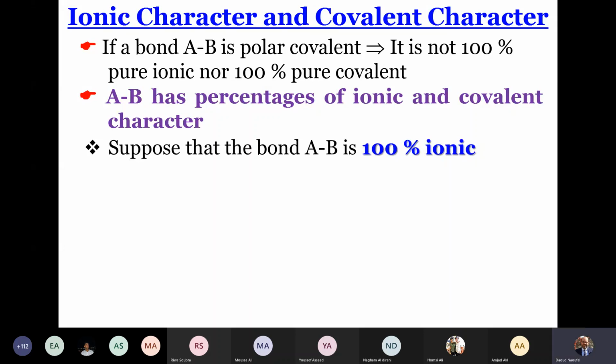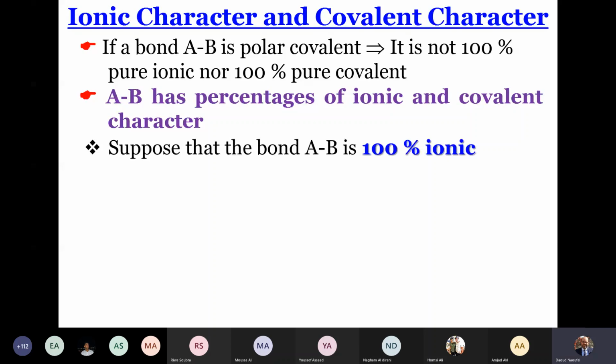If the difference is between 2 and 4, the bond is 100% ionic, 0% covalent. And since the difference is between 0.5 and 2, we have a value of ionic character and a value of covalent character. How do we calculate this percentage of ionic and covalent character?